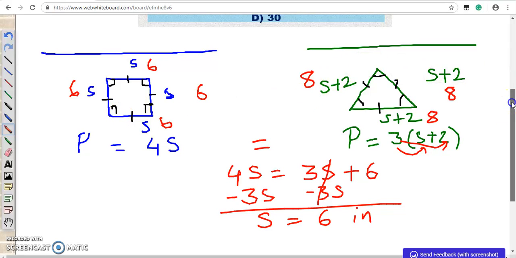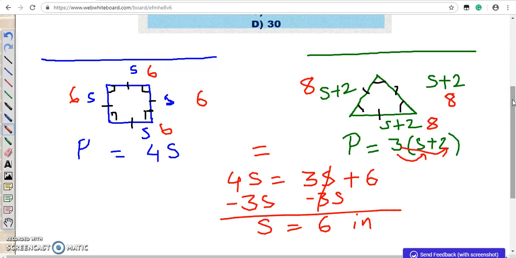So what is the perimeter of the square? We know that it is 4 times s, so we can write 4 multiplied by 6 because s is 6 inches. So the perimeter is 24 inches. And what about the equilateral triangle? The perimeter is 3 times (s plus 2).